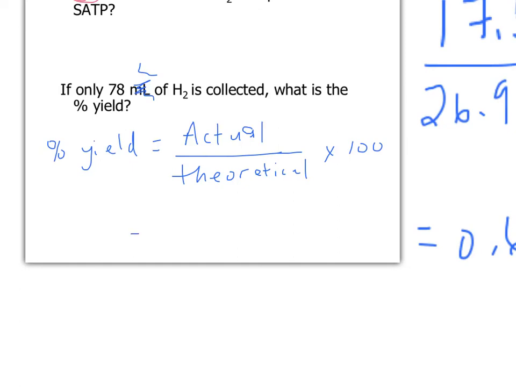So in this question here, my actual is 78 liters. My theoretical, Stoich told me I should have made 94.1 liters. Times that by 100 means that my reaction was 83% efficient. I got 83% of the product that I should have gotten.